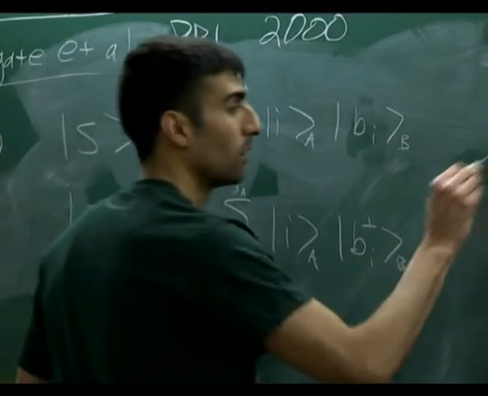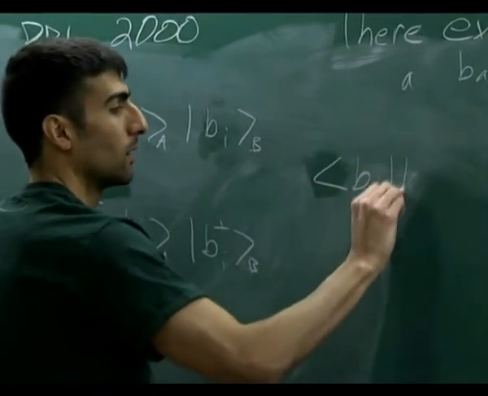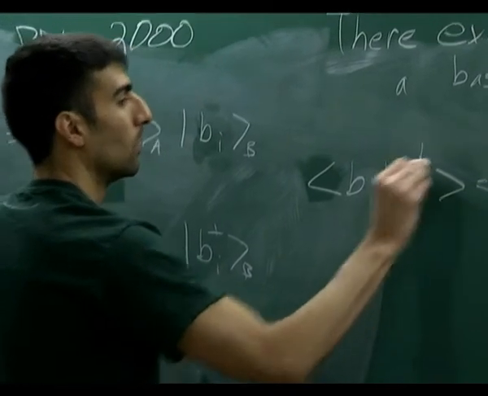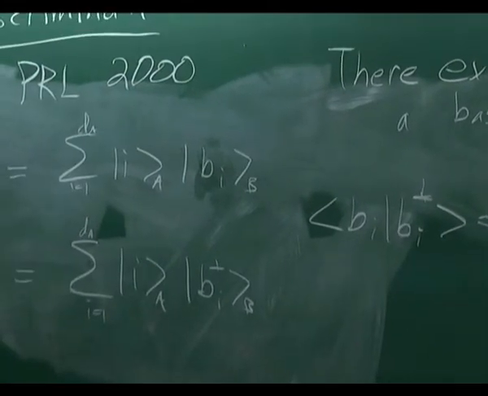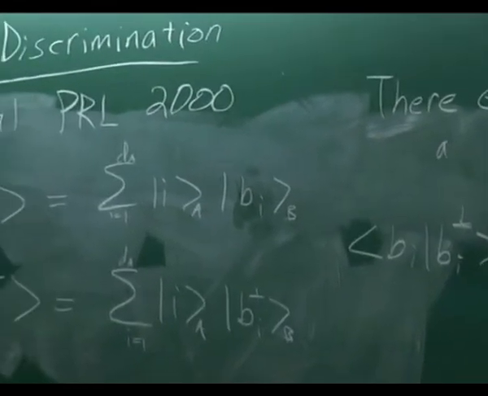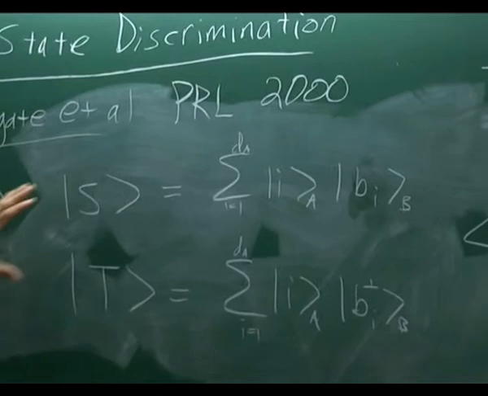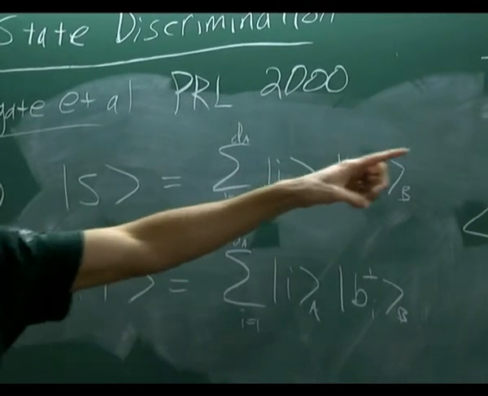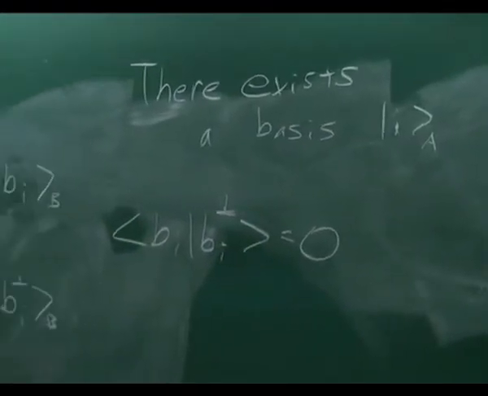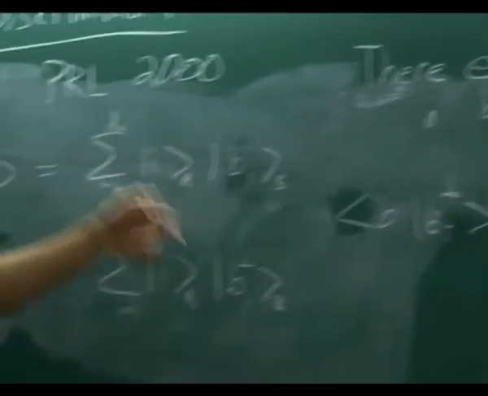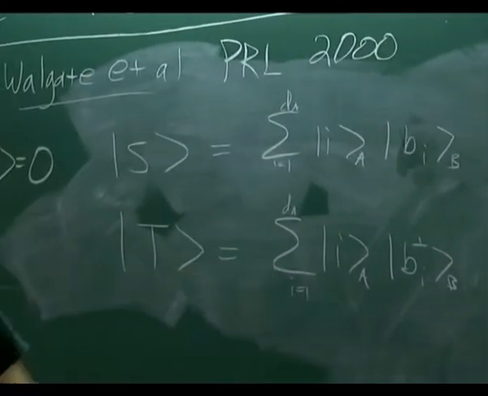So here we have B_i. These are orthogonal. Again, this is something that isn't entirely obvious, that you can actually find such a decomposition. And it's very special, this basis is special. If you were to just choose any local basis for Alice, and express the states in this, you wouldn't have this form where the corresponding parts on Bob's side are orthogonal.